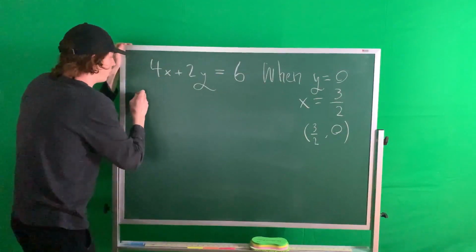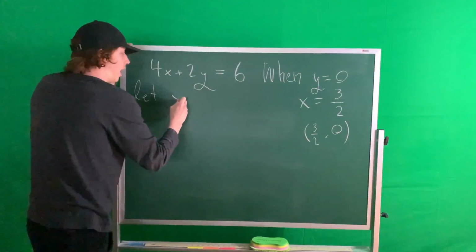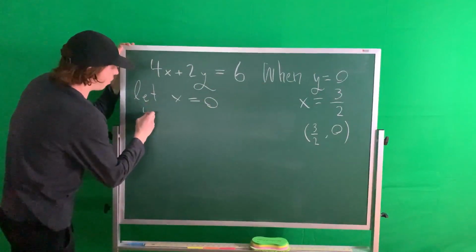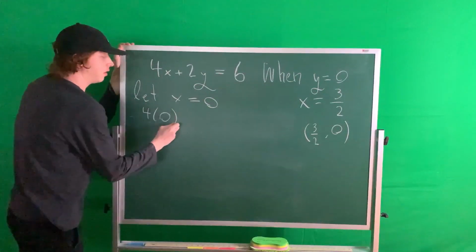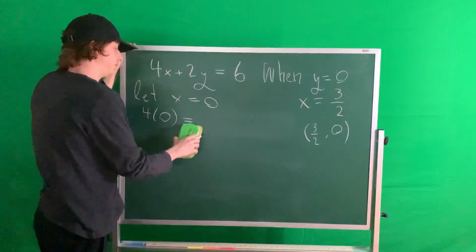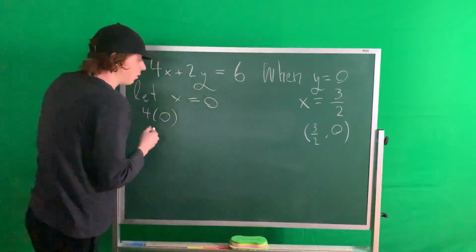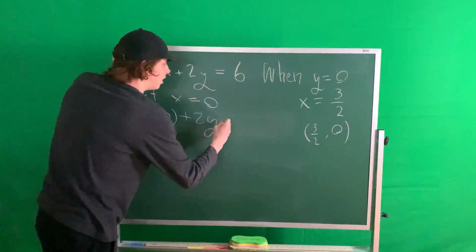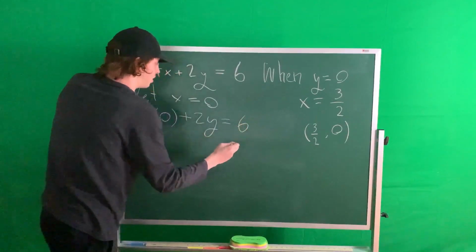In order to do that, we're going to let x equal 0, which gives us 4 times 0 plus 2y is equal to 6.